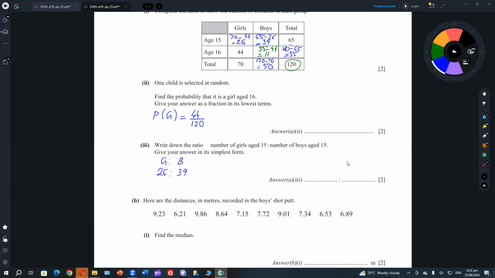How much is 44 upon 120? That's 11 over 30. Simplify the second, this 26 is to 39.